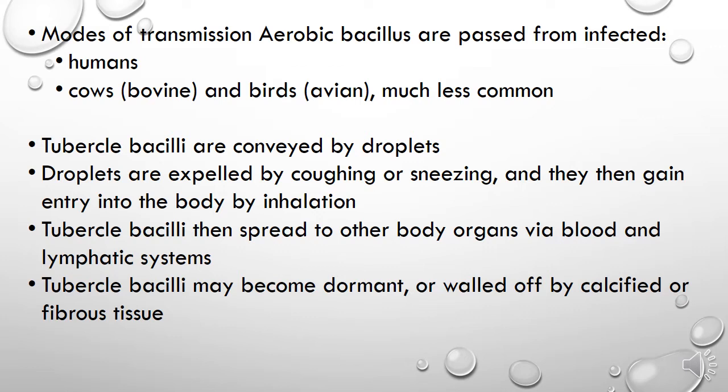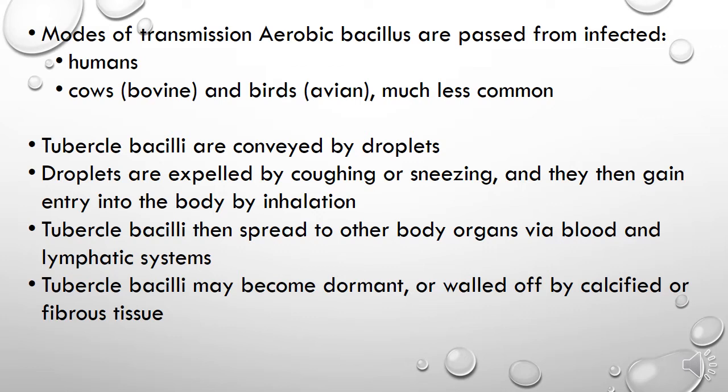How is this transmitted? It is passed from infected person to infected person by droplets. Humans, it can also go between species as well. But these tubercular bacilli, we learned bacilli are rods, are conveyed by droplets.